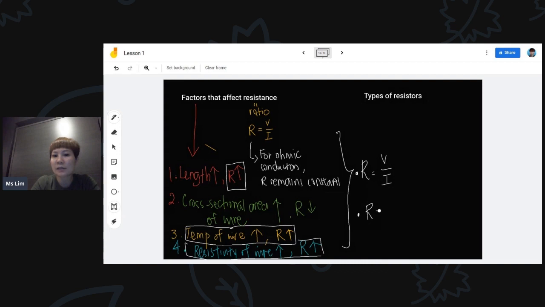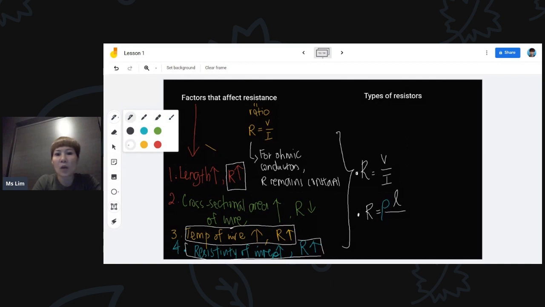So the resistance is directly proportional to the length, so it must be the numerator. Now, temperature, assuming temperature is constant, we are deriving this formula. Now, resistivity is represented by the Greek letter rho, which is similar to density. So this is the resistivity. Resistivity and the length must be in the numerator as it is directly proportional.